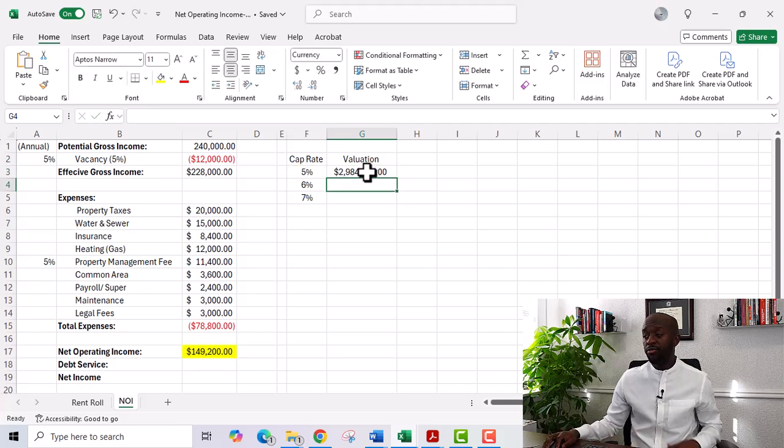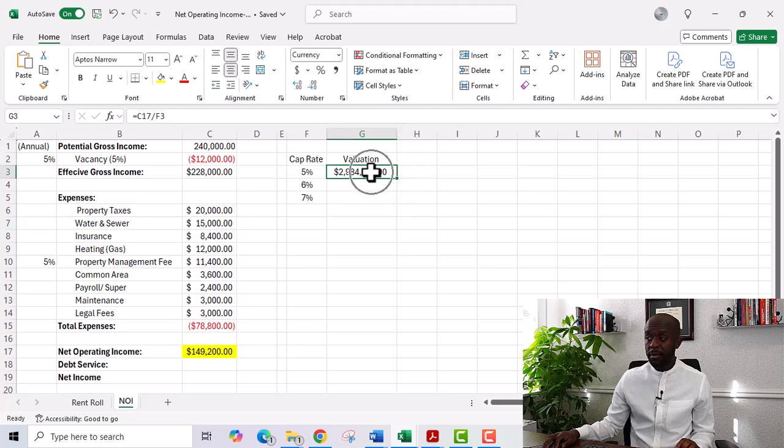And that's going to bring us to the valuation of the property. All right, so taking the net operating income of $149,000 and assuming the cap rate in our local market is 5%, that's going to value the property at about $3 million, or $2.9 million.